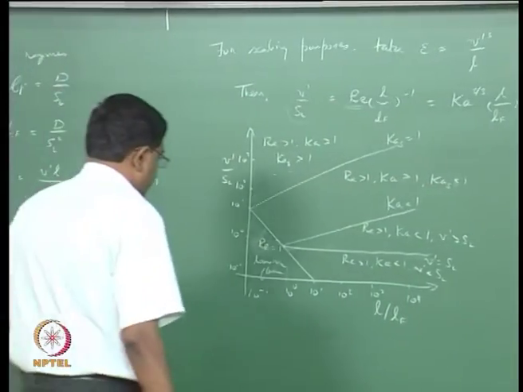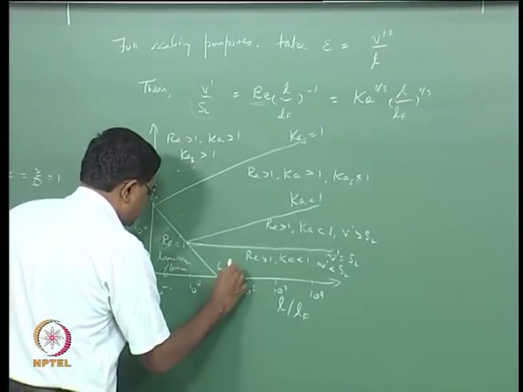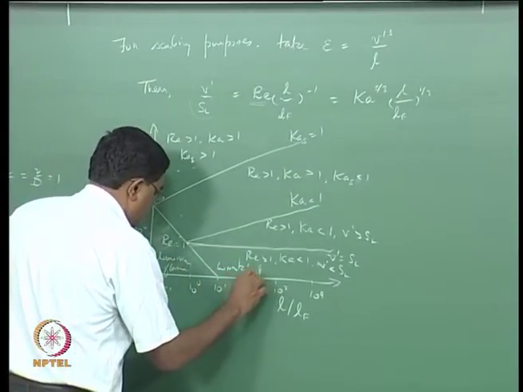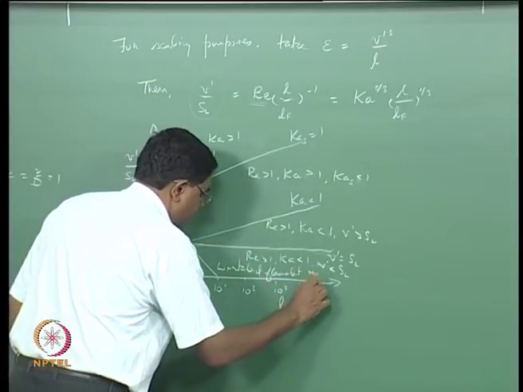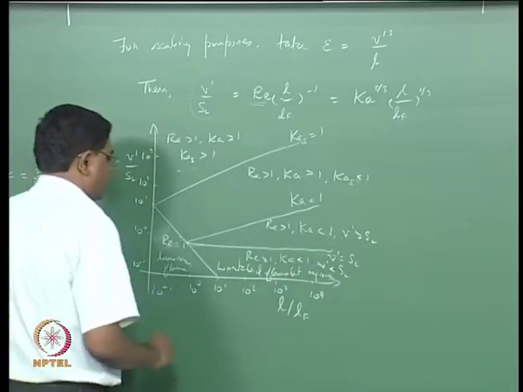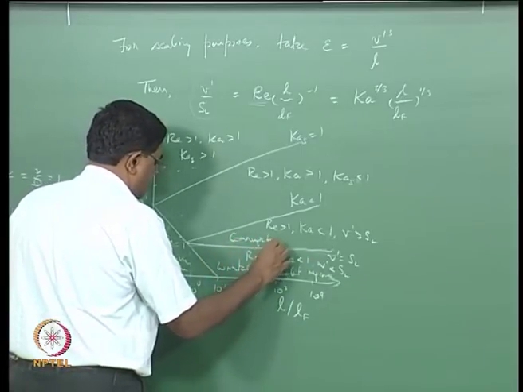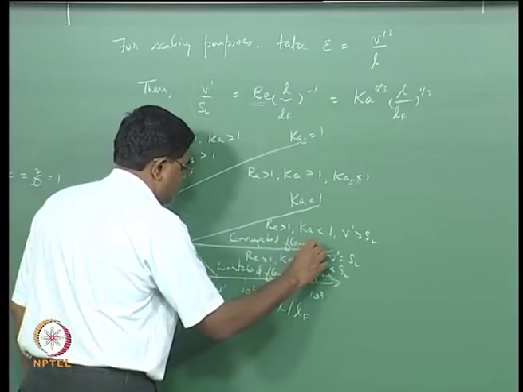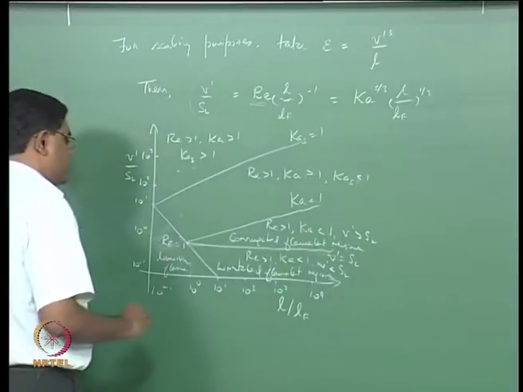The answer is we are now going to call this the wrinkled flamelet regime, and we are going to call this the corrugated flamelet regime.